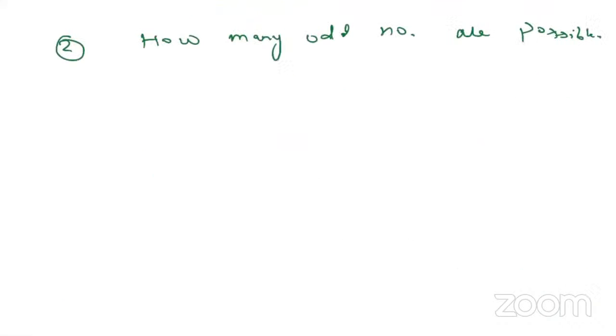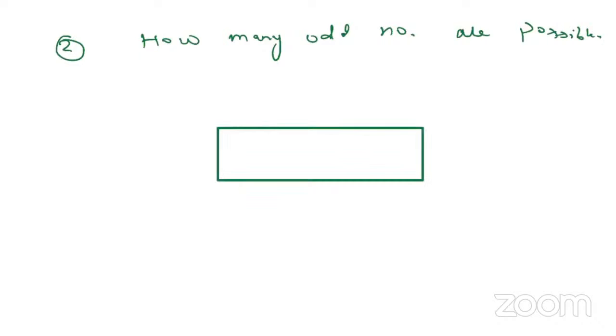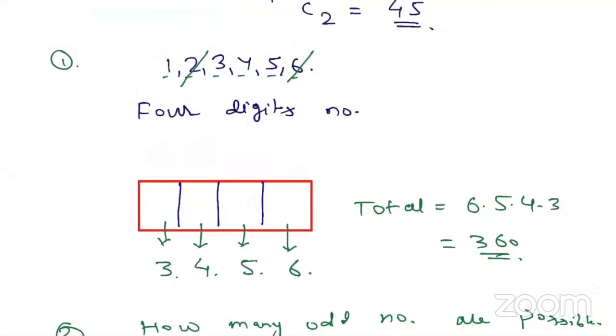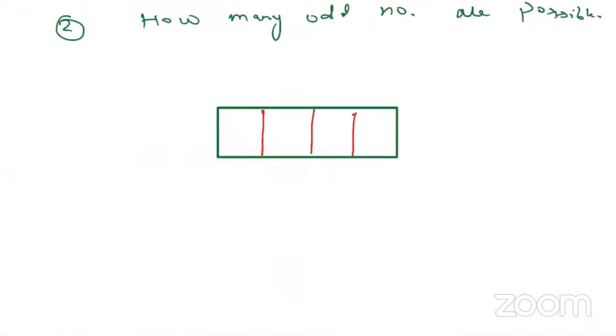So what is the restriction? We know that this is 4 digits, right? And we have 1, 2, 3, 4, 5, 6.